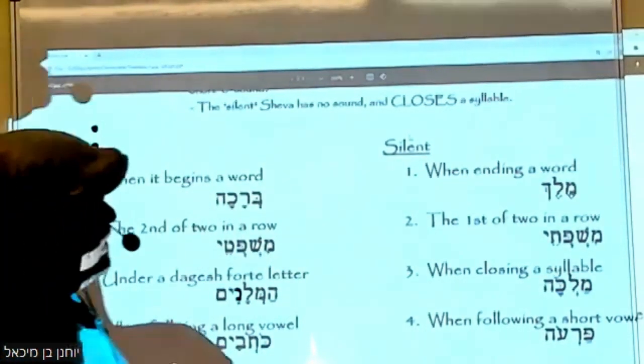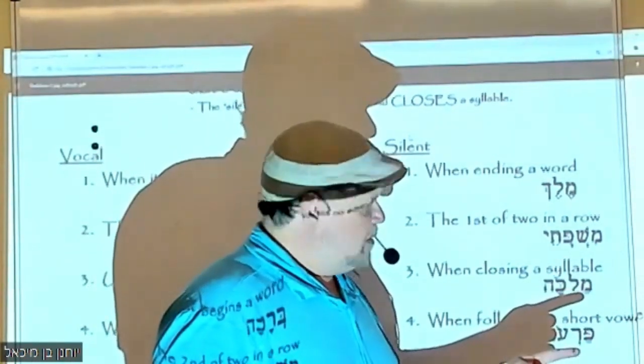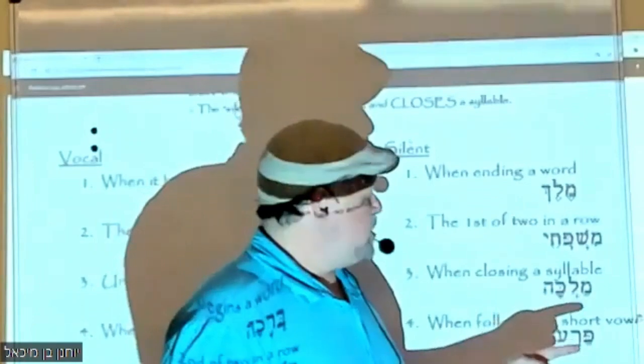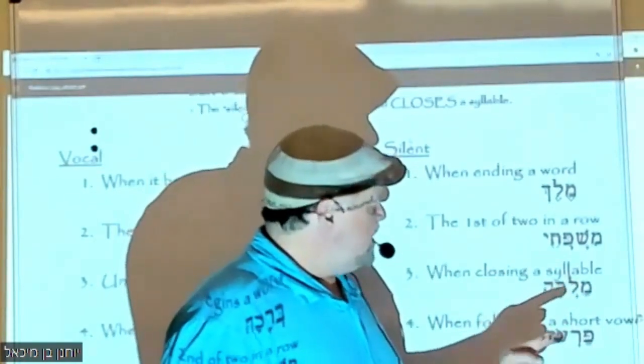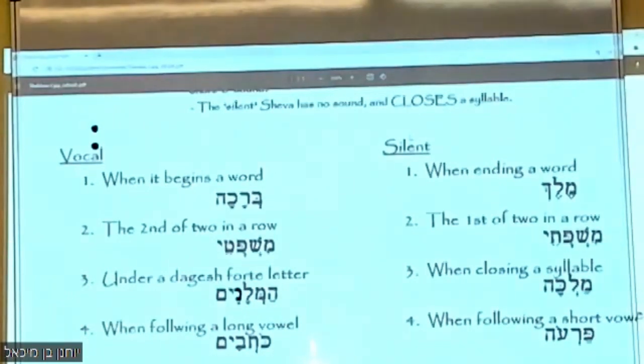So we have what letter? We have the letter mem, pointed how? Patach, short duration A, ma. Then we have this lamed, and it's just kind of hanging out there all by itself. So we got a shva here that's following a short duration vowel point. That's rule number 4. So when it follows a short vowel point, what kind of shva is it?